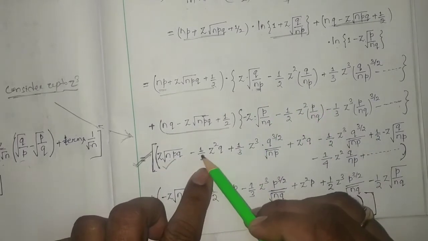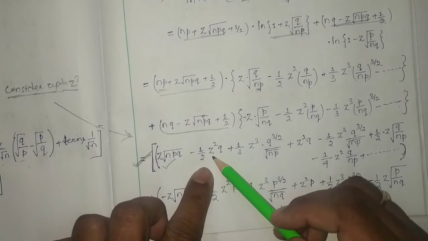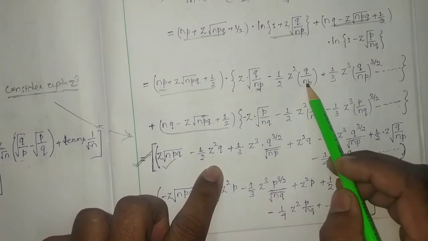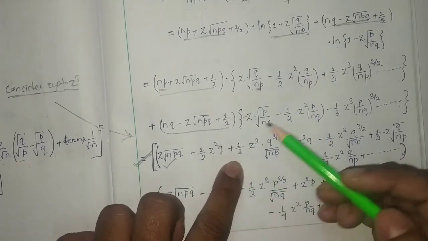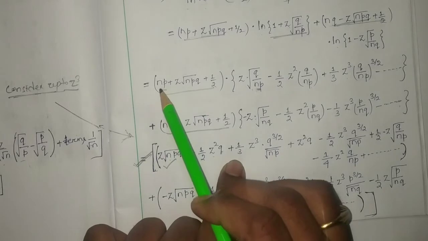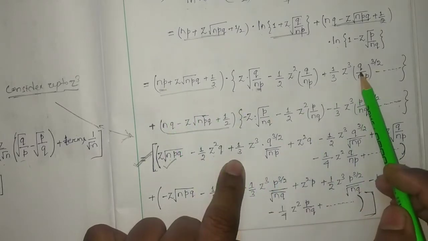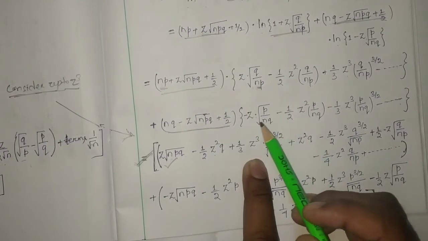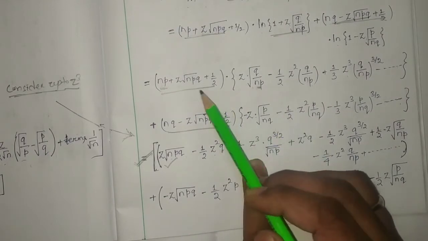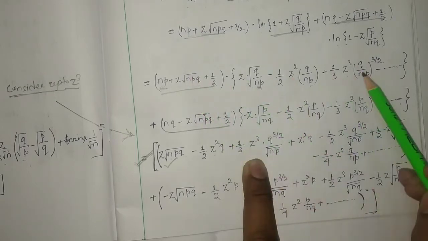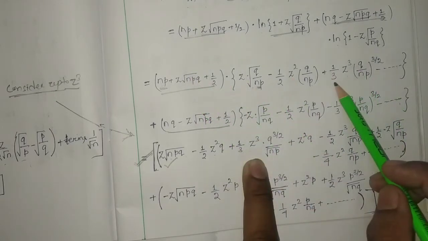Minus 1 by 2 z square, np in the numerator, the denominator np cancels, q is there. Then np multiplied with this one.